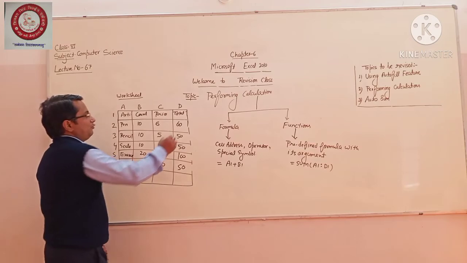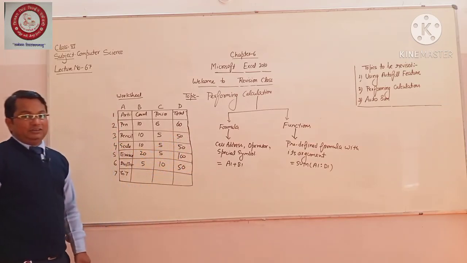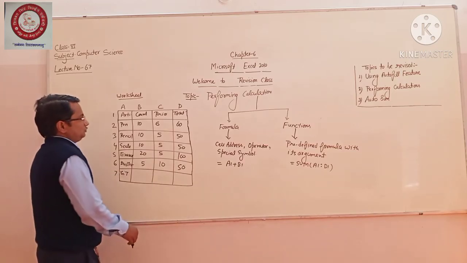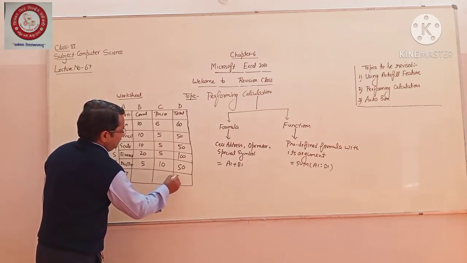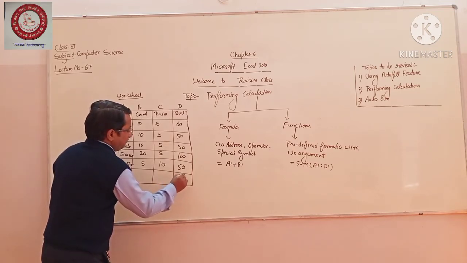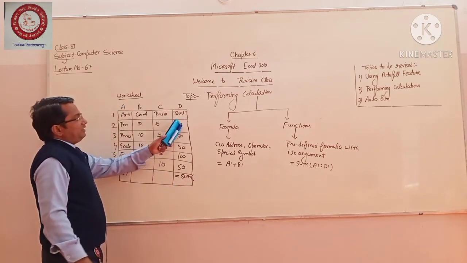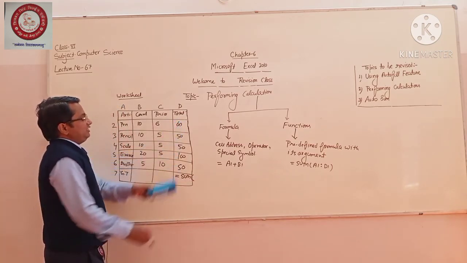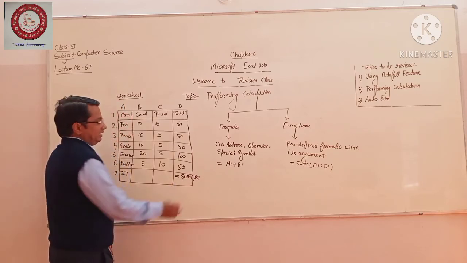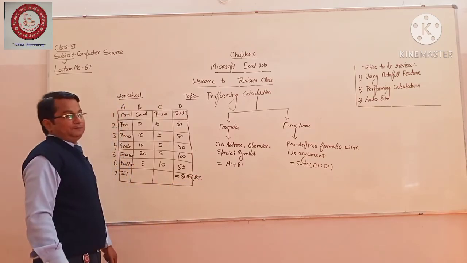Okay, and if you want to have a grand total, then what you do? If you want to have the grand total, let's take one function. Suppose in this place you have put one equal to sign, and immediately you have written sum. Put one bracket here. What is the address of 60? This one, D2. Then after put one colon, because right now I just want to write the range here.